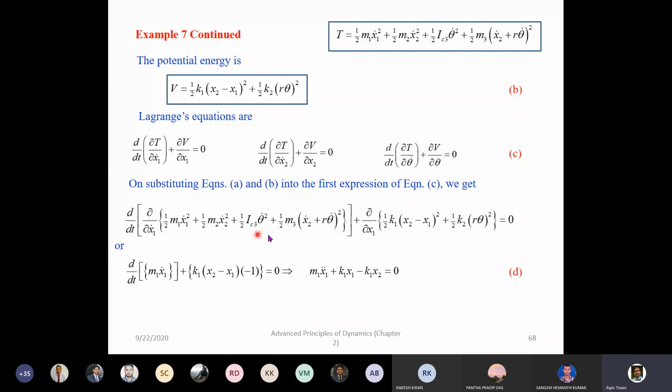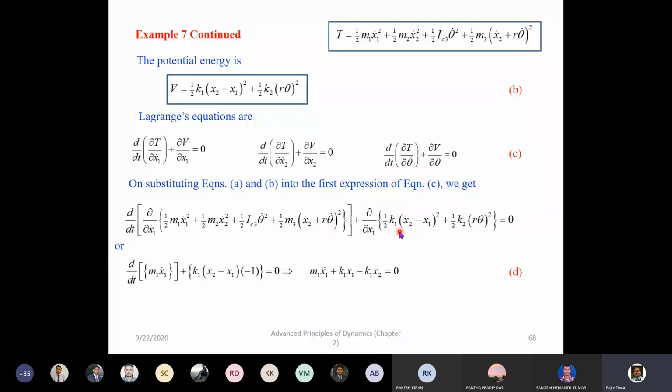So here this will be simple mathematics. Potential energy has no velocity term, so that will not contribute to the kinetic energy part.